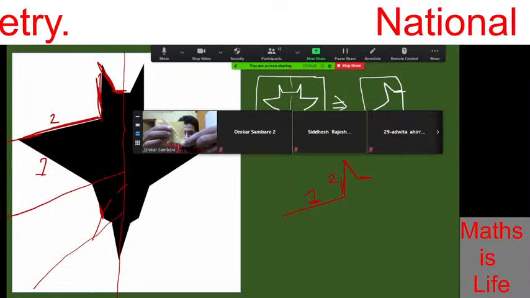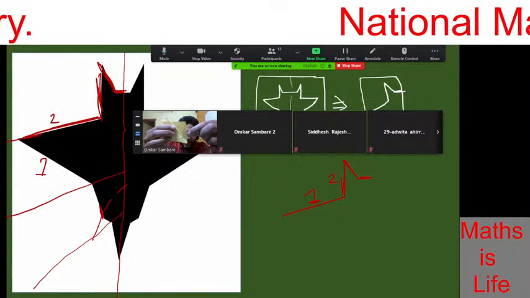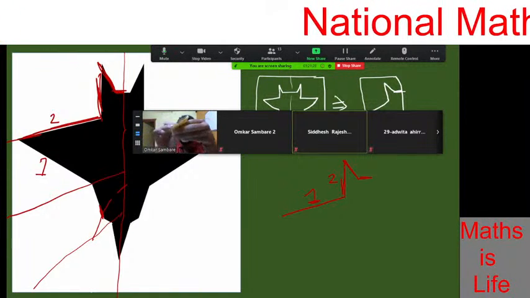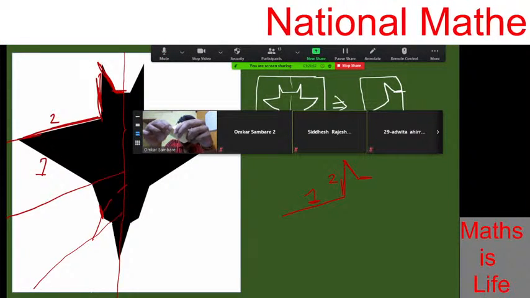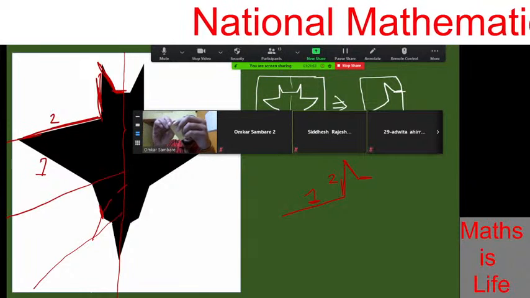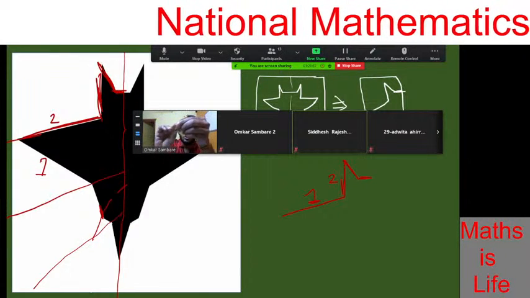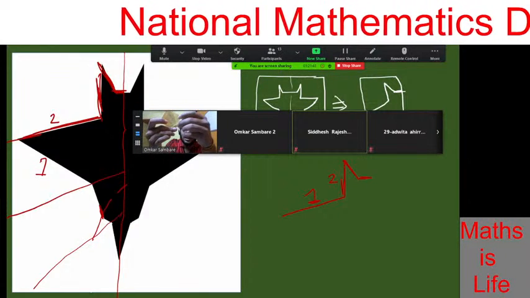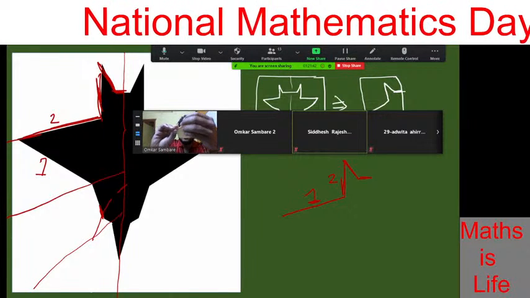So how are we folding? The small line of the head and one small line of the ear, you have to overlap, and you can overlap like this. Okay, folding is really difficult, right?